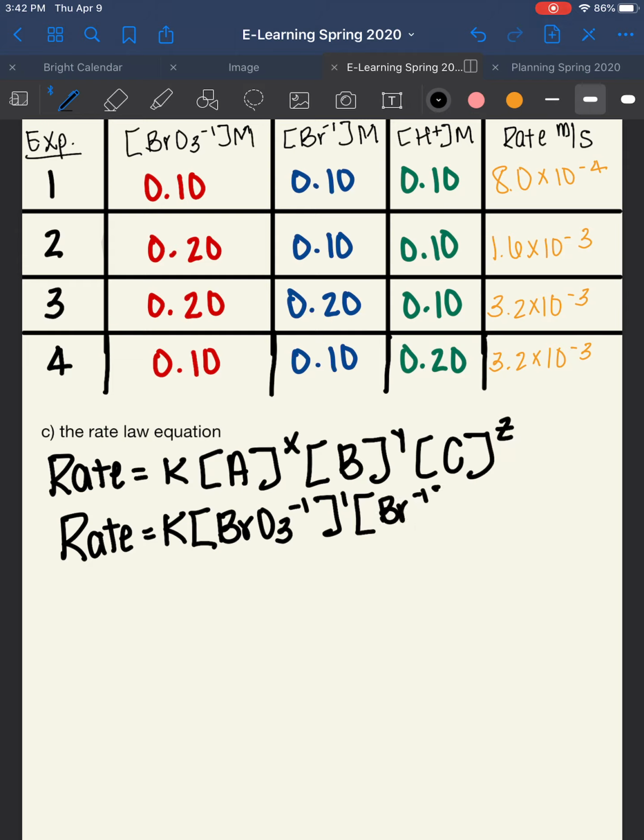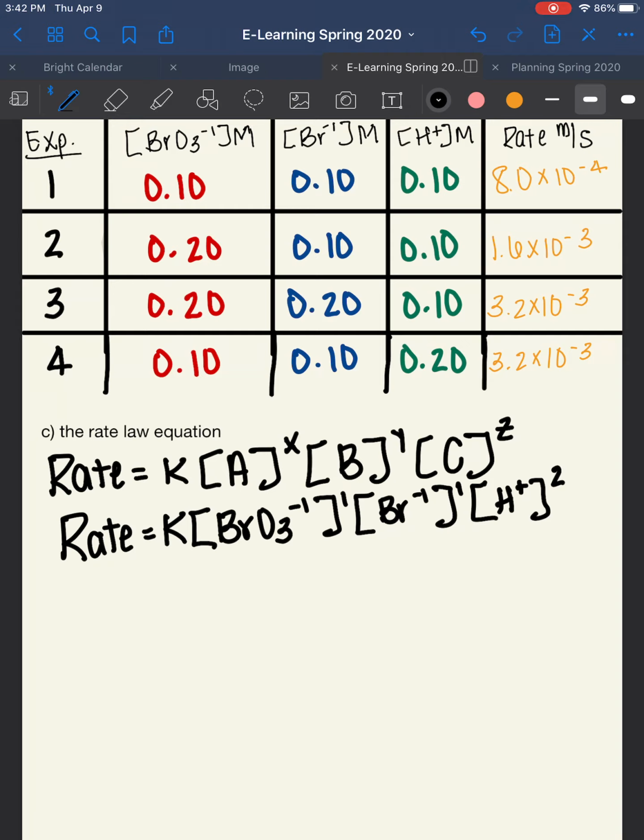Times my second reactant, bromide, Br negative 1, raised to, again, it's first order, so raised to 1. Times my last reactant, which is H plus, raised to a power of 2, because it is a second order reaction.